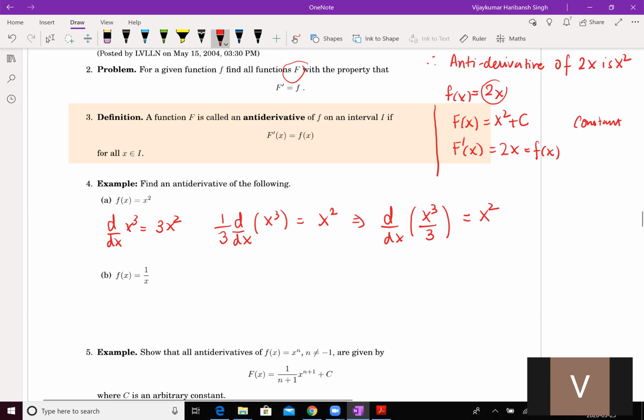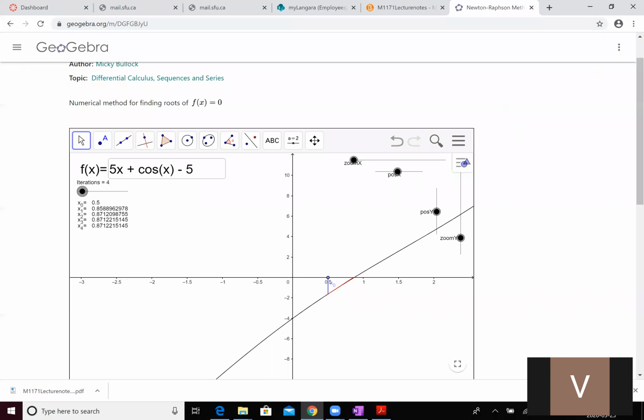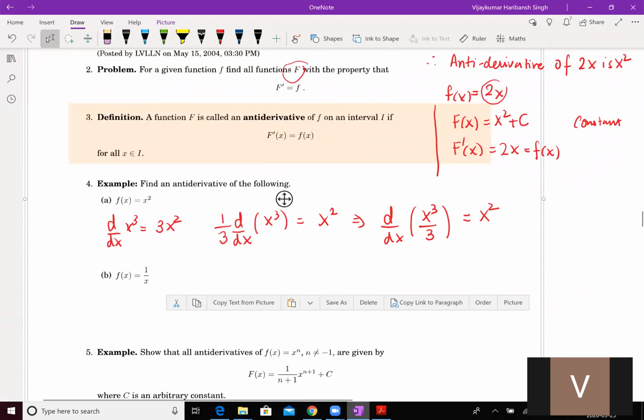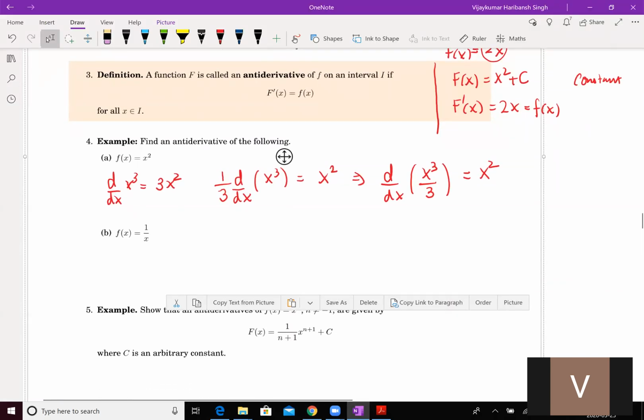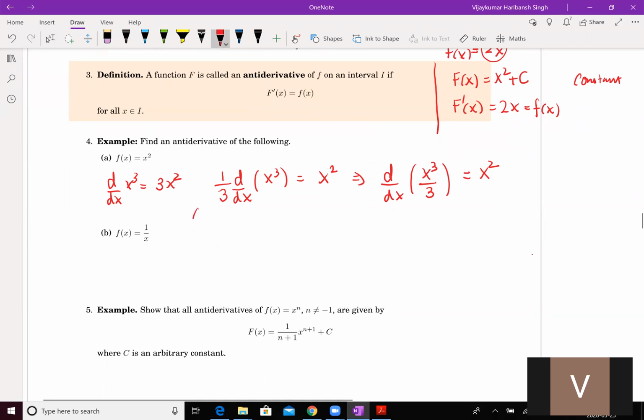So we get that the antiderivative of x squared is x cubed by 3 plus c if you want, right? There are many antiderivatives of a given function, because if you keep changing the constant, all of them are antiderivatives.